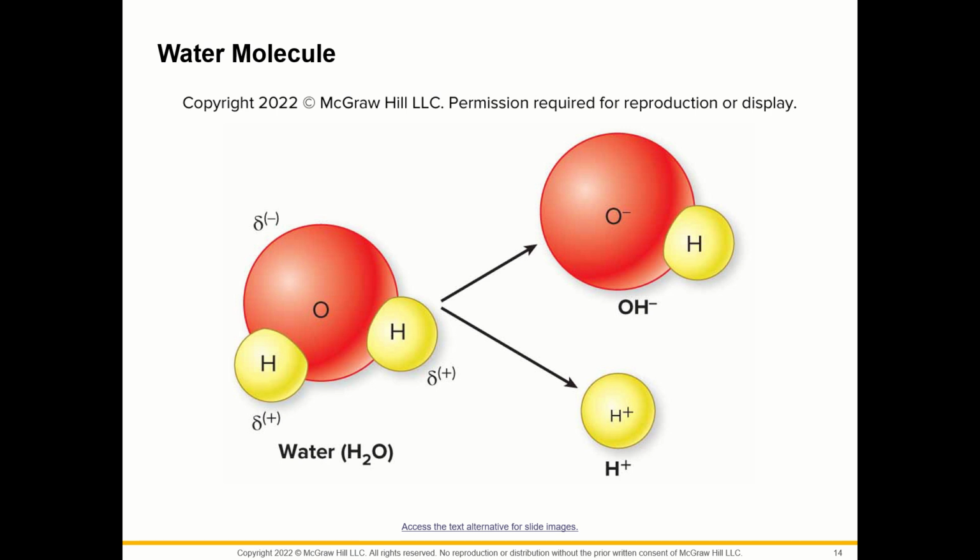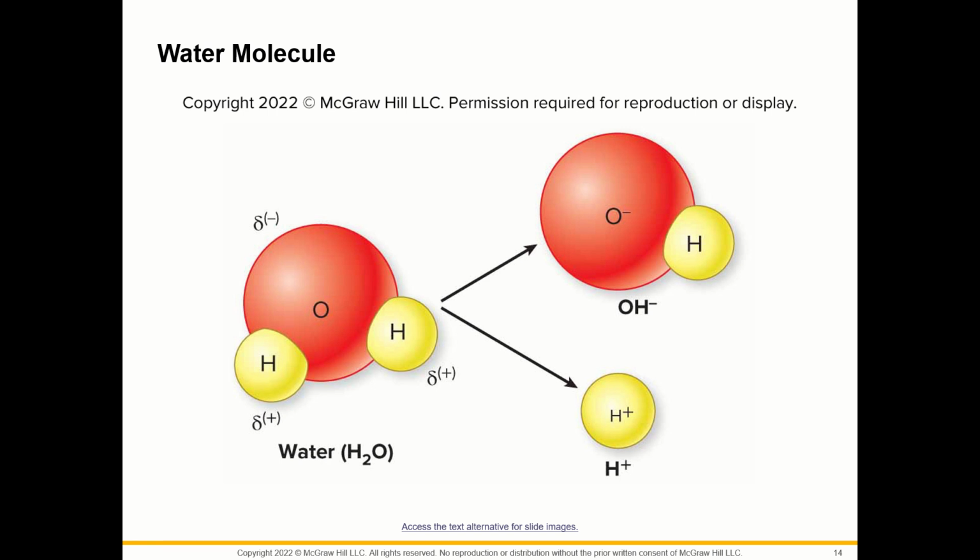Figure 2.4 shows a model of the water molecule showing its polar nature. So you can see the positively charged ends here on the hydrogen and the slightly negative charge for the oxygen. It goes on to say, notice that the oxygen side of the molecule is relatively more negative, whereas the hydrogen side is relatively more positive.